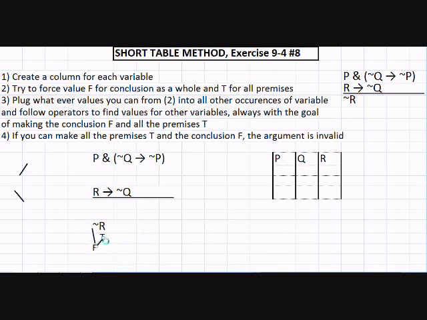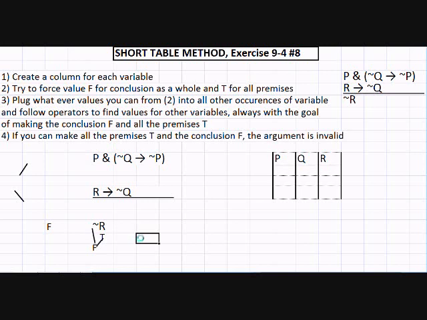We have the value of T true for R. When we then apply the negation to that value of T true for R, the result for the entire statement, for the conclusion here, would then be F. And that's what we want to do according to the rule number 2, as you can see in the top left. We want to give the value false to the entire conclusion.